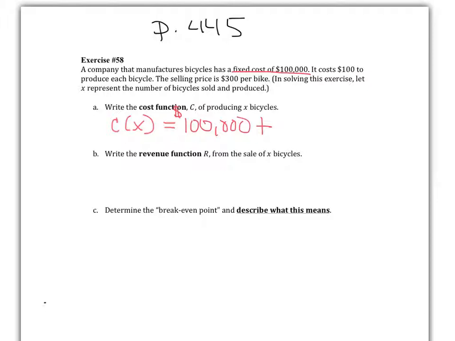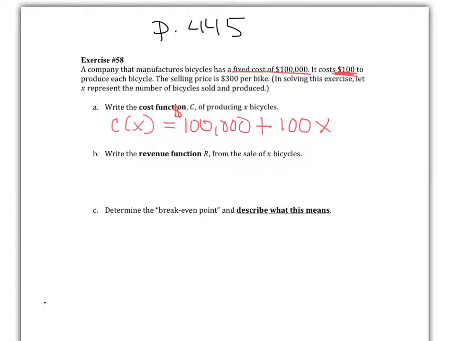It's $100, times the number of bicycles, so that's just 100x. This is our cost function. Notice that this is a linear equation, y equals mx plus b. Here's our slope, and this is our y-intercept.